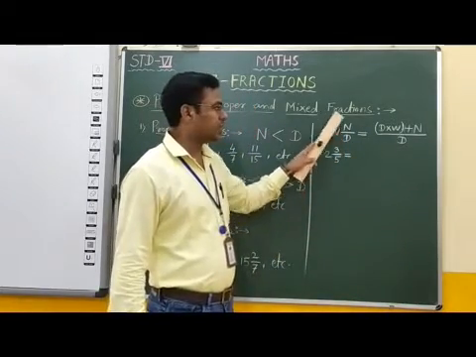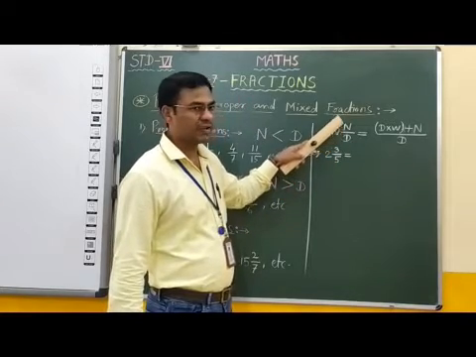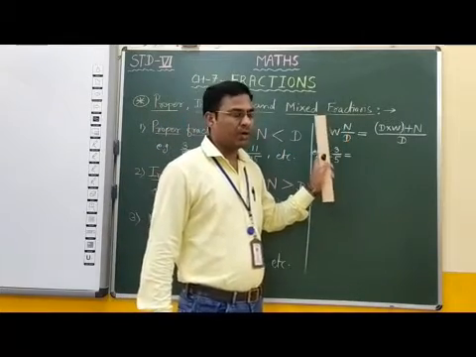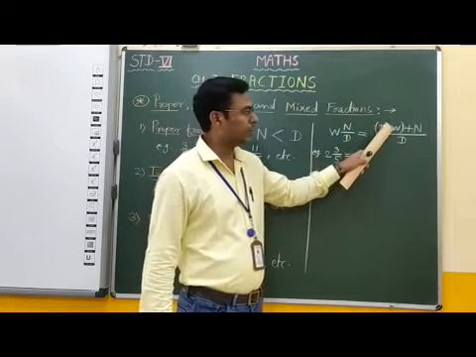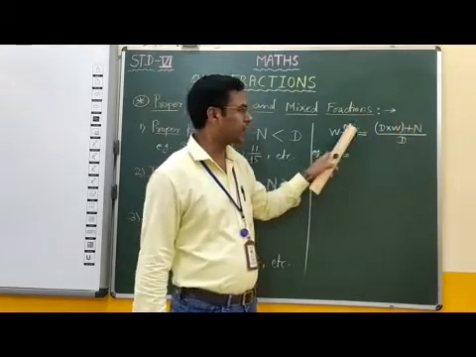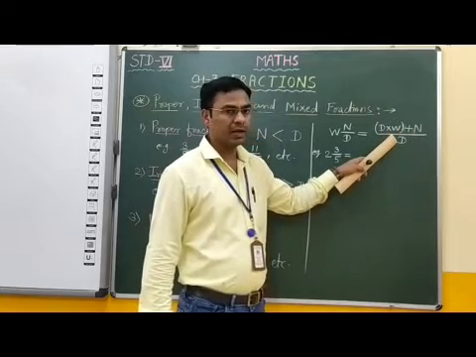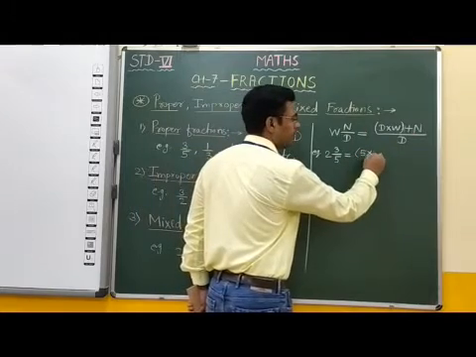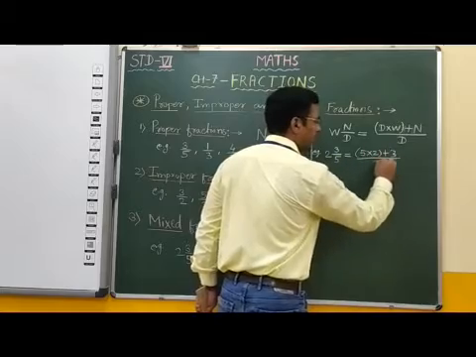If you consider this mixed fraction, that is a whole number and this fraction number, first of all, we have to multiply the denominator and the whole number, and to this calculation we add the numerator, and this calculation is divided by the denominator. 5 into 2, in bracket we can write 5 into 2, addition of numerator, and divided by denominator.